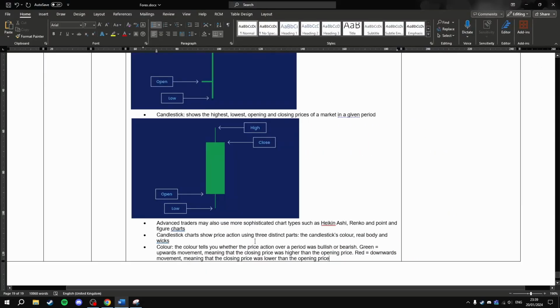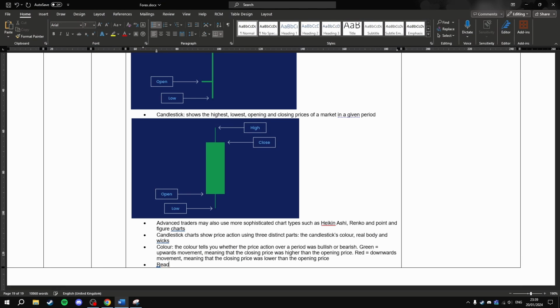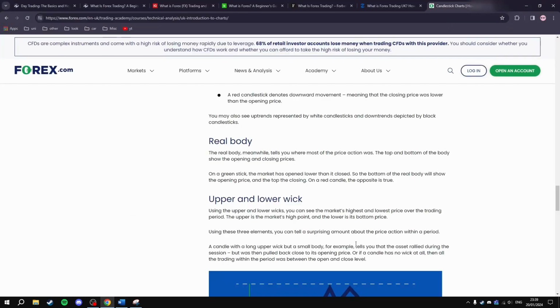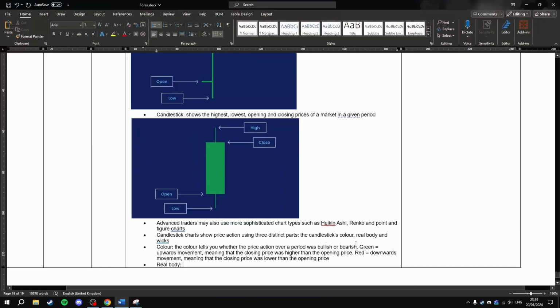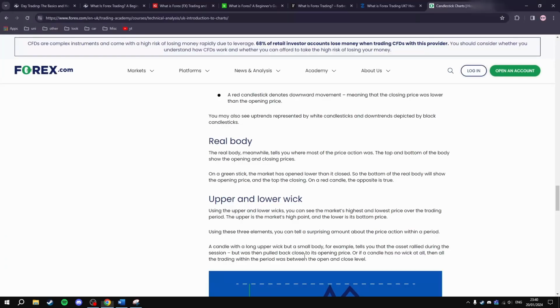Real body. Real body meanwhile tells you where most of the price action was.